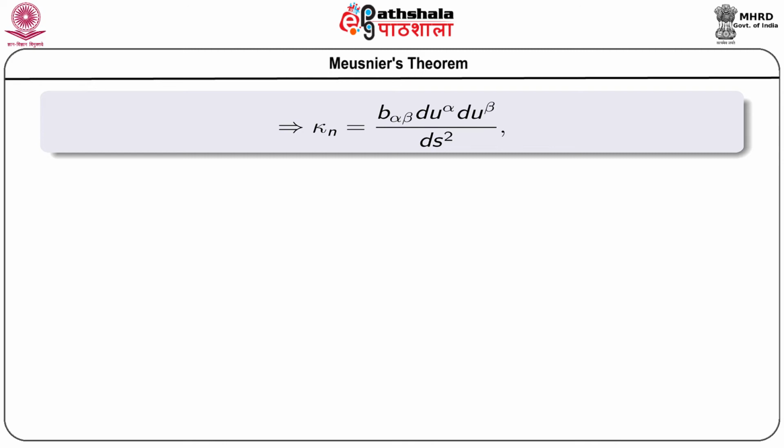Now, ds square is the first fundamental form of a surface, and we know that ds square equals a_alpha beta du^alpha du^beta. So, putting that value, we get equation number 10, that is kappa_n equals b_alpha beta du^alpha du^beta by a_alpha beta du^alpha du^beta.